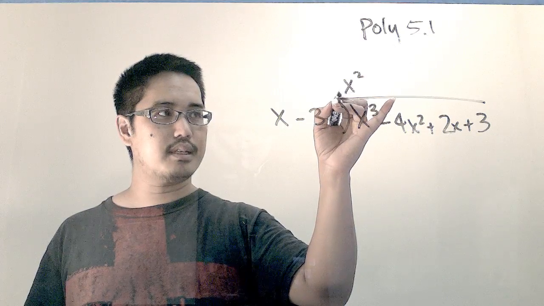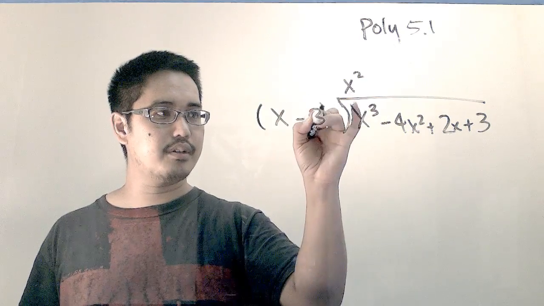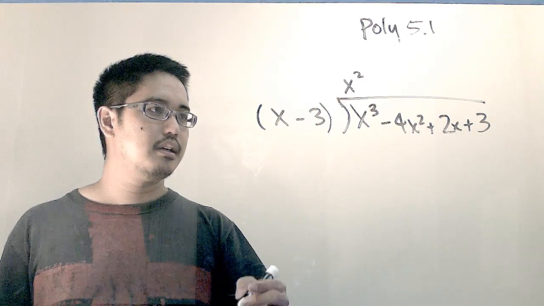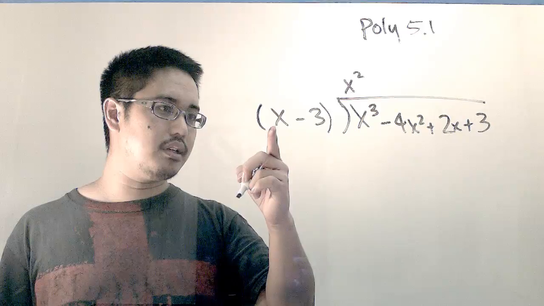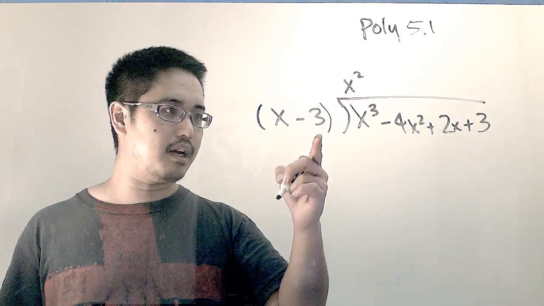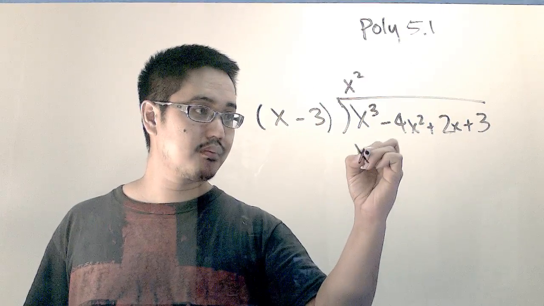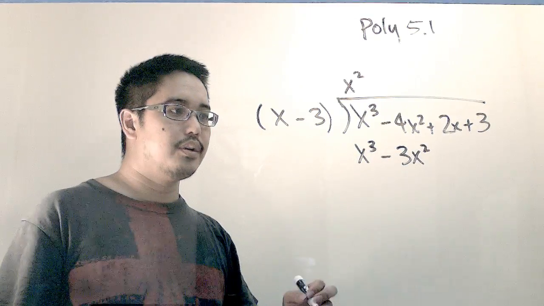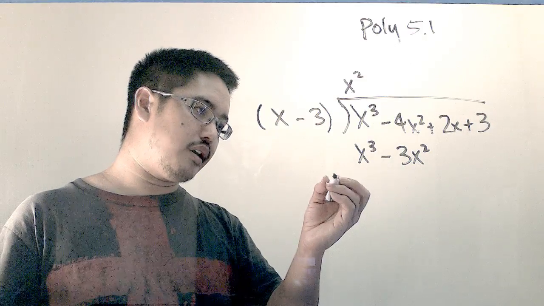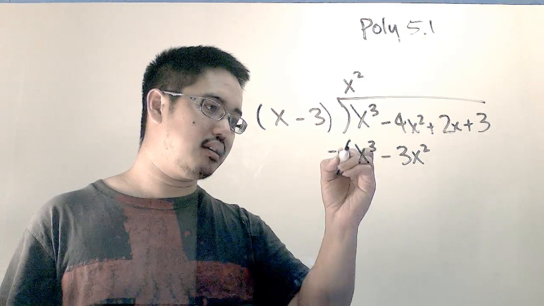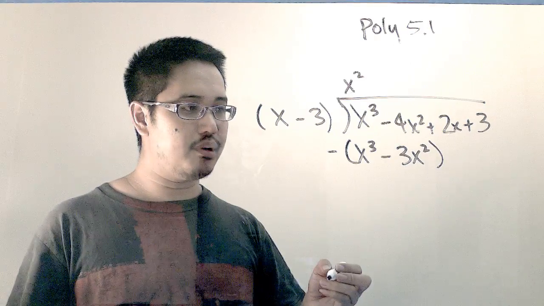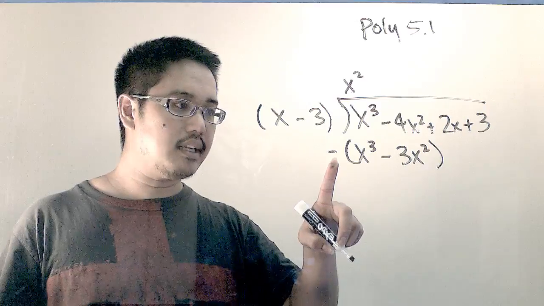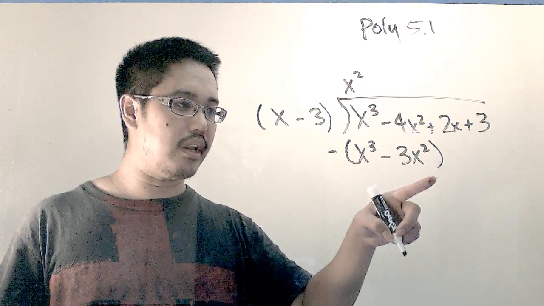So I'm going to multiply this x by everything out in front over here, and I'm careful to put parentheses around it, because I need to remember to do it to both of these terms. So this would be x cubed, and this would be minus 3x squared. Now, the next step I did when I was doing long division is I subtracted this thing. Again, I'm going to put in those parentheses, because when I subtract this, I need to distribute the subtraction to each and every one of these terms.